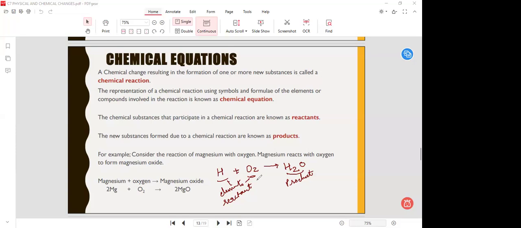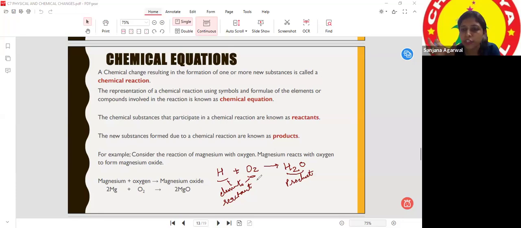Yes, ma'am. So any substance which undergoes a chemical reaction means all of its composition has actually been changed. Earlier we learned what the signs of a chemical change are. How can we know that it is a chemical change?